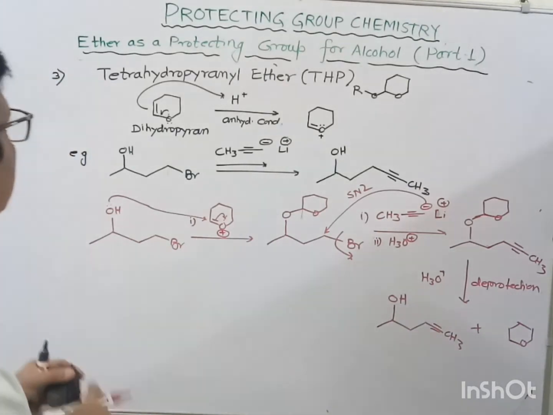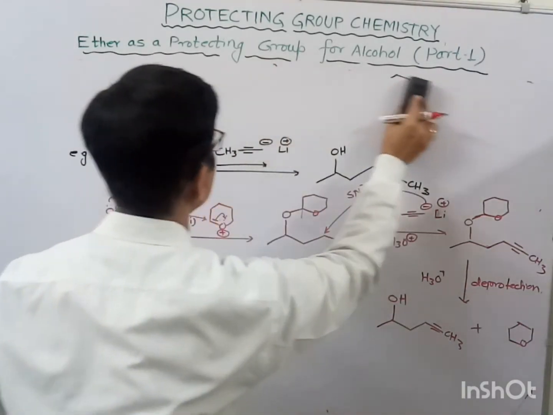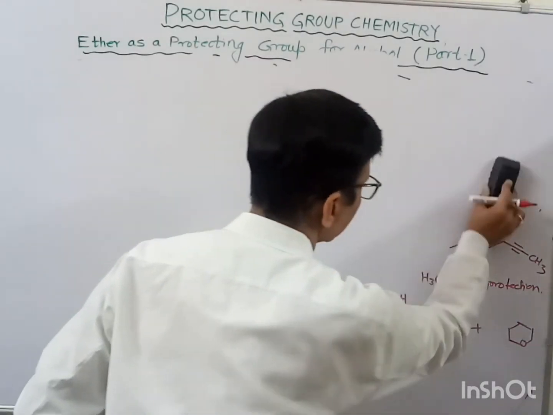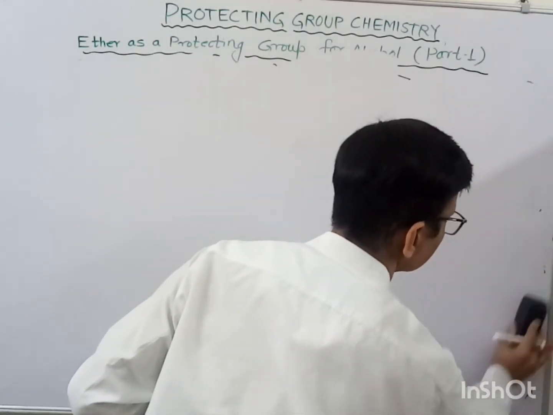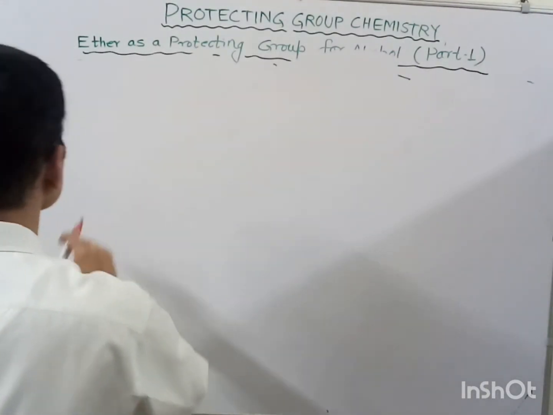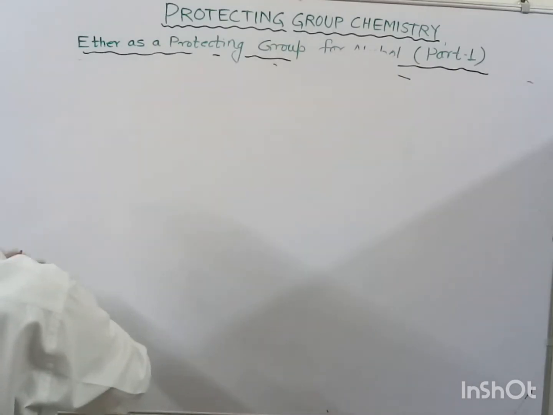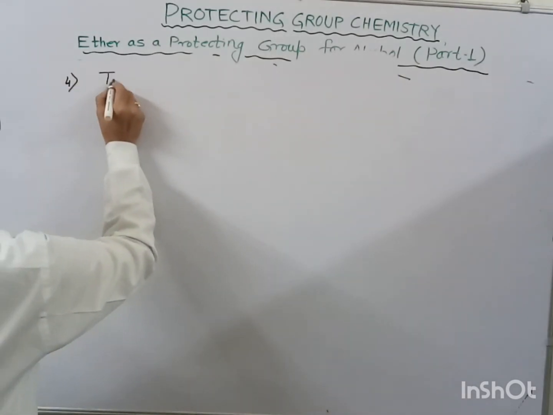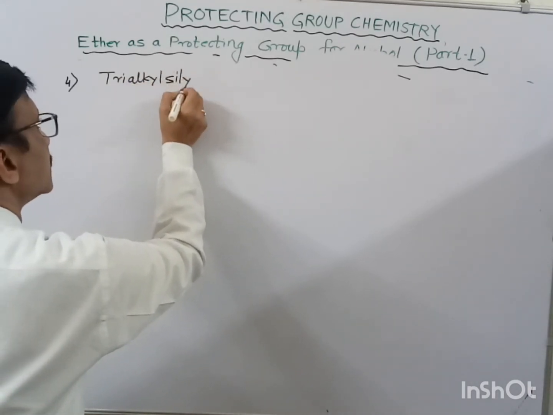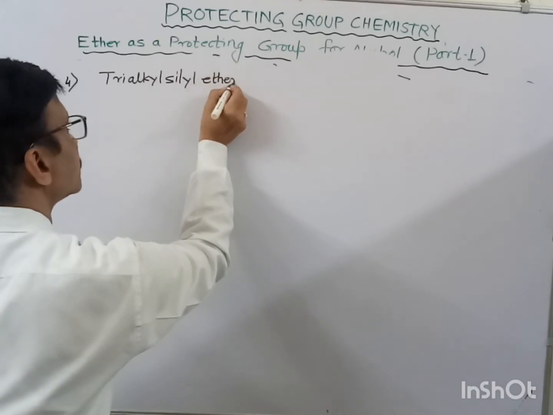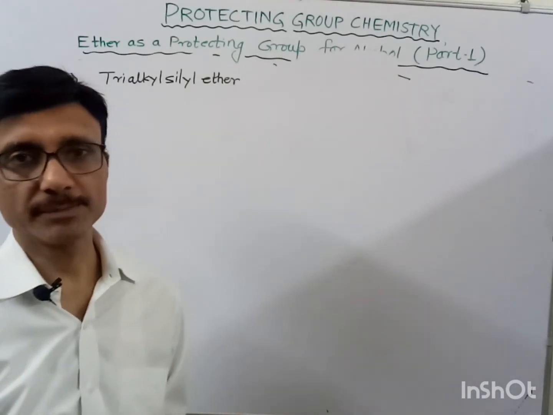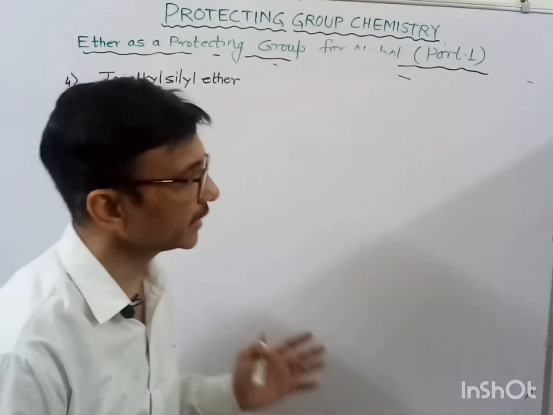Now let's see the next protecting group, that is trialkyl silyl ether. I told you there are various trialkyl silyl ethers, it may be TMS, TES, and so on.